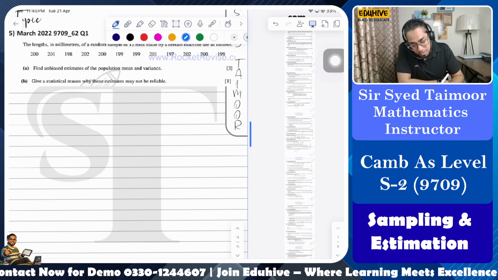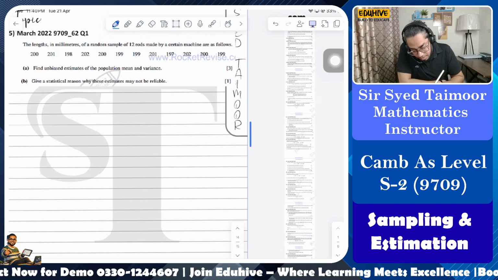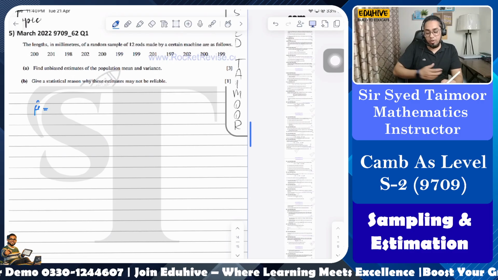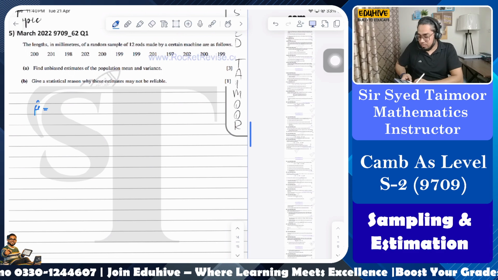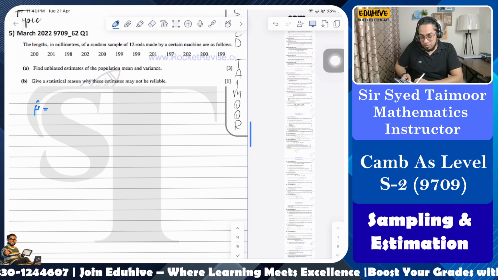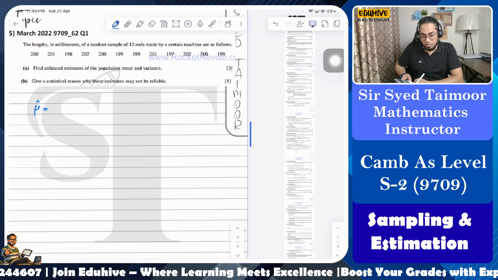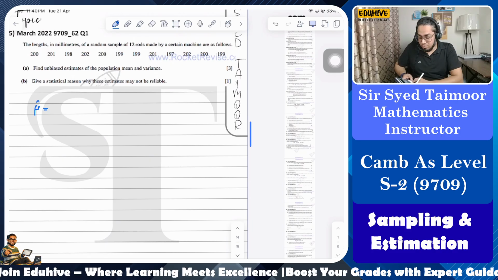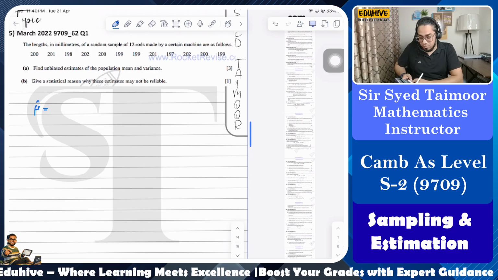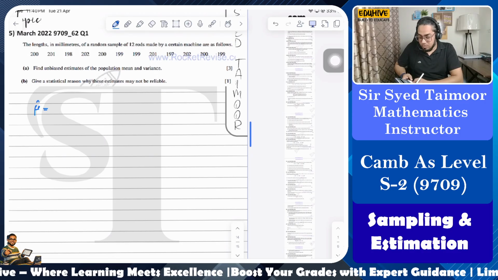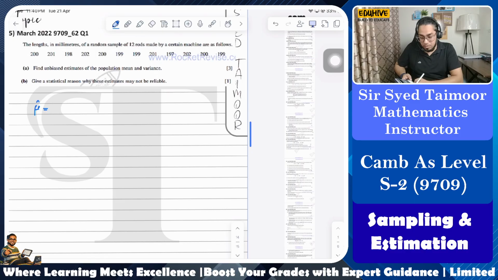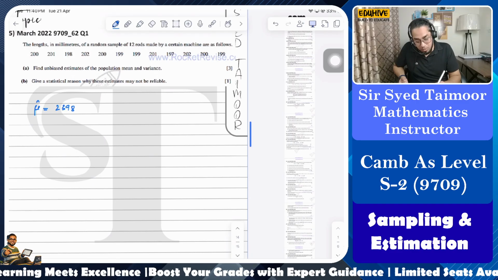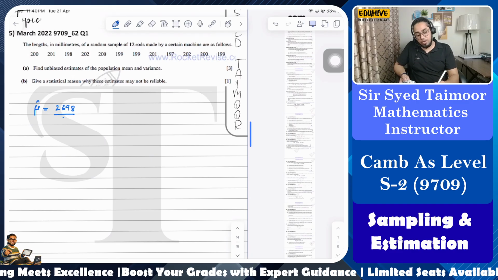Why are they just irritating us? We will be getting the estimated mean by adding all the numbers, 2398 divided by 12.